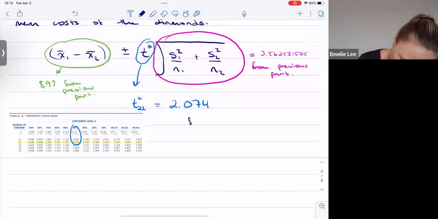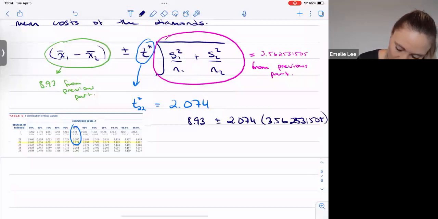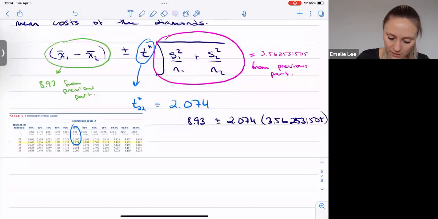So I have 8.93 plus minus 2.074 times 3.562531505, which I have stored in my calculator, right?